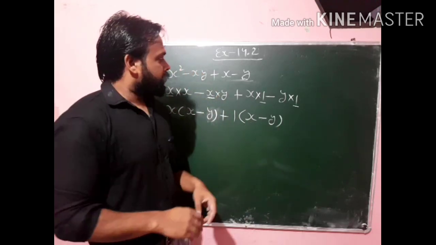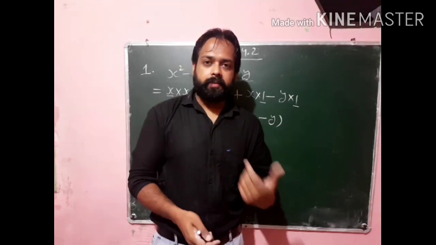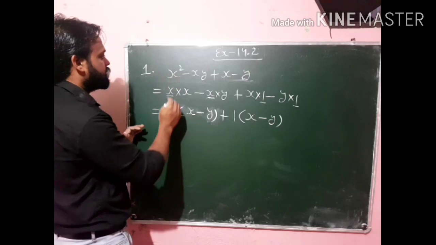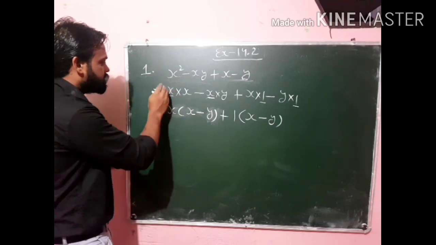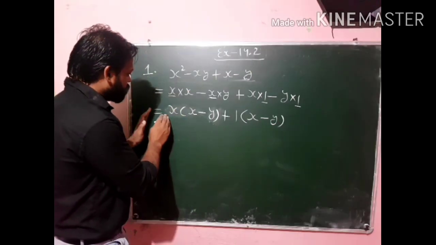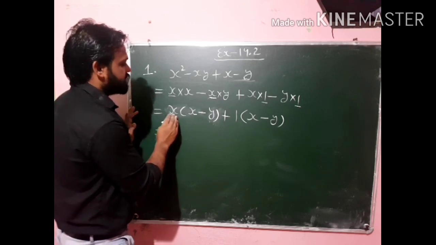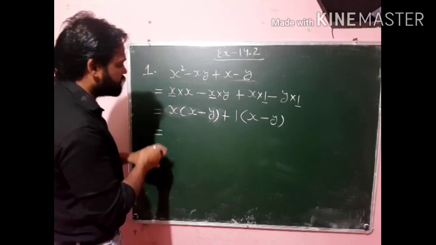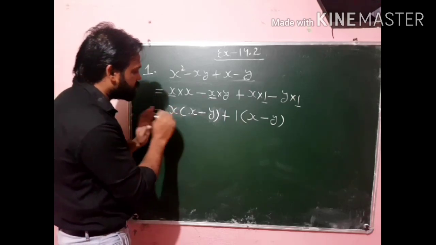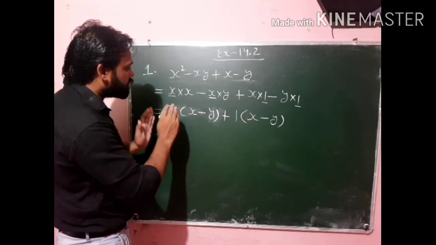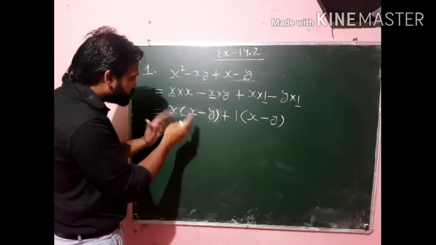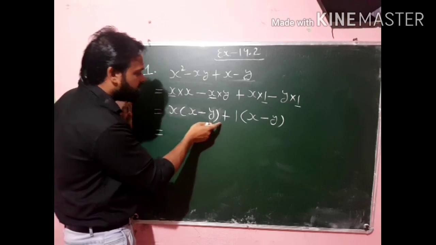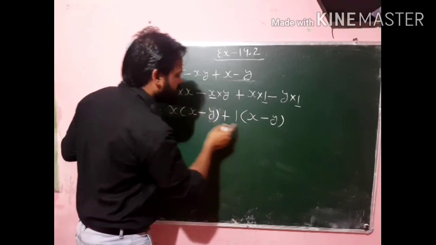Okay, now there is a very important thing that you have to see, that is while solving the third step. This is the first step, this is the second step. In the second step we got x into x minus y plus 1 into x minus y. Before solving the third step, we have to check this. After separately solving each group, when we reach the second step, these two brackets should be the same.